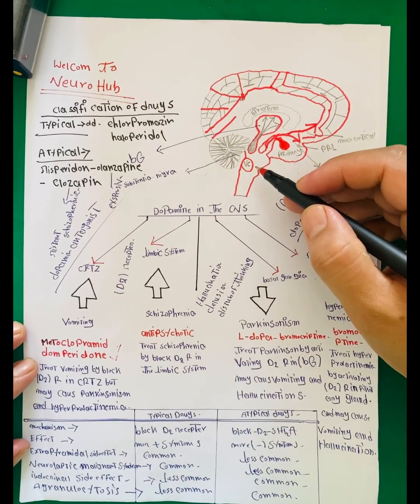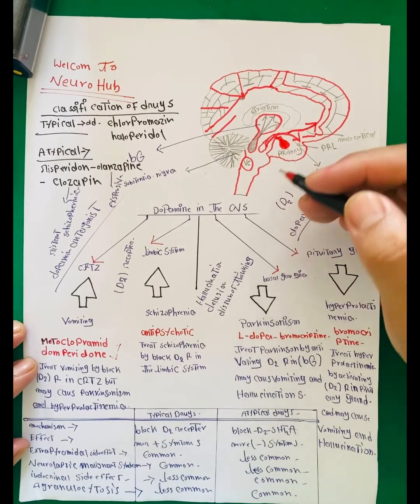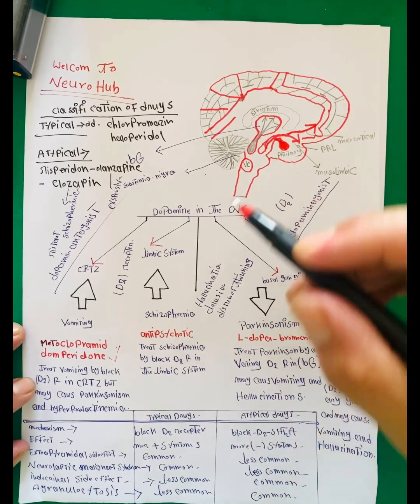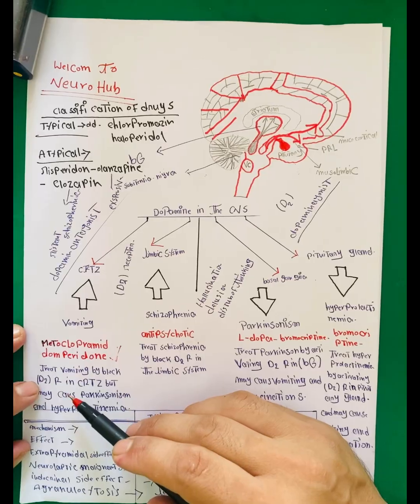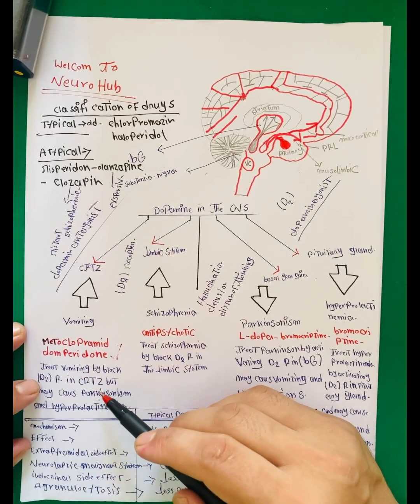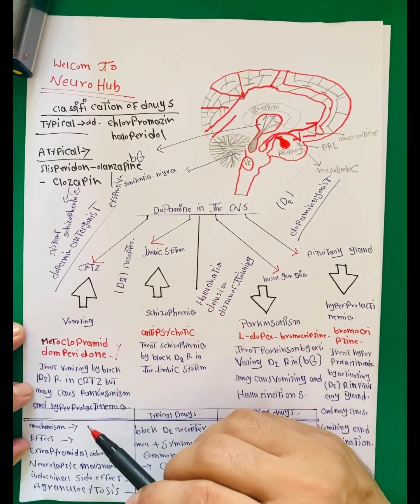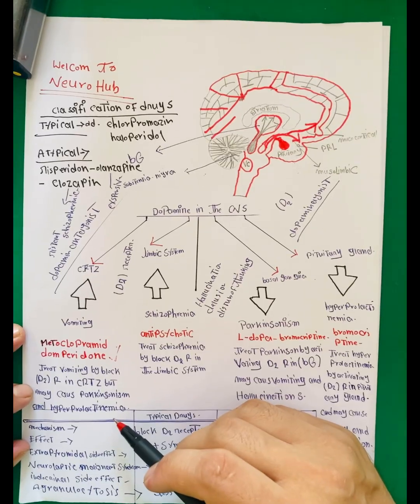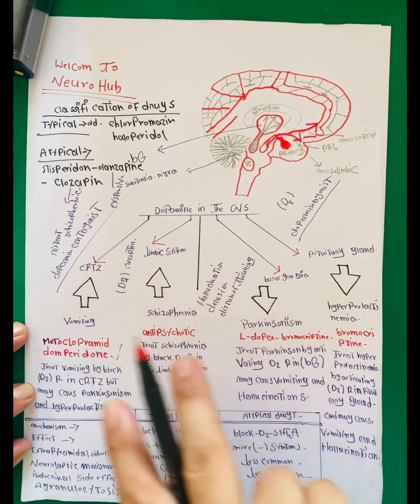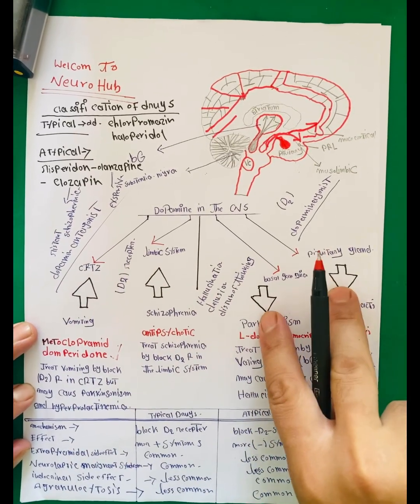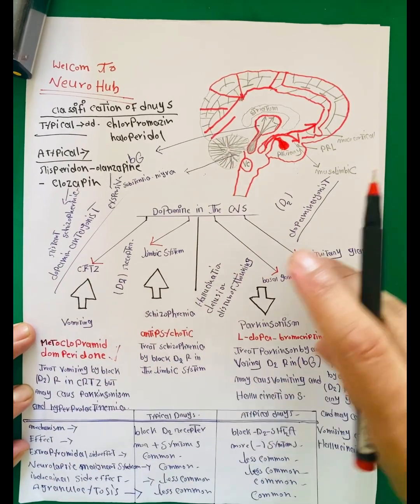You know the vomiting center is outside of the blood-brain barrier. So treating vomiting by blocking the D2 receptor in the chemoreceptor trigger zone may cause Parkinsonism and hyperprolactinemia. When you're treating this, it's causing that. It's the opposite of each other.